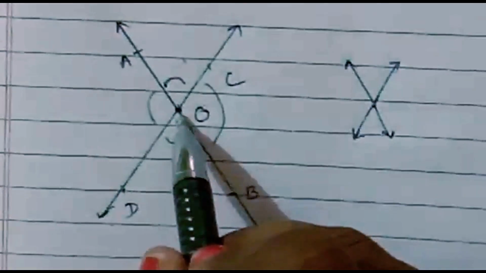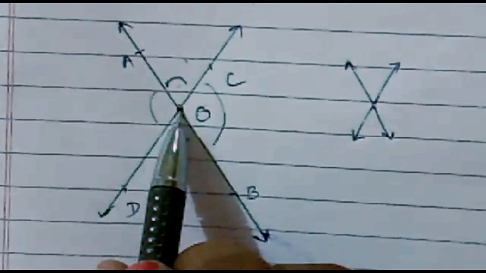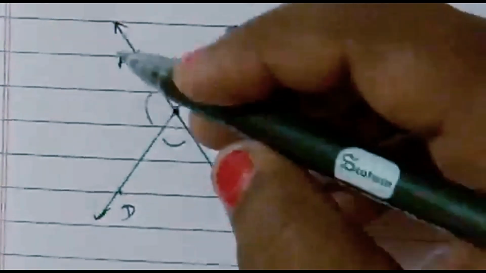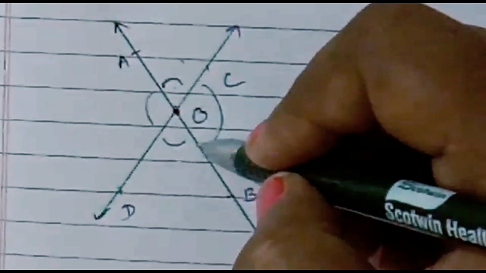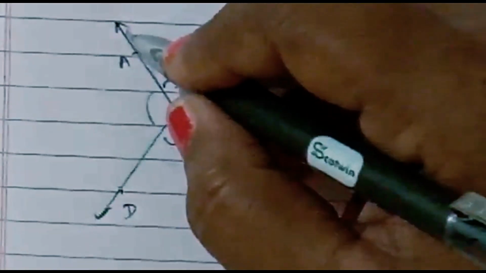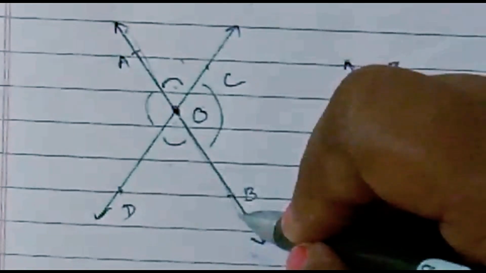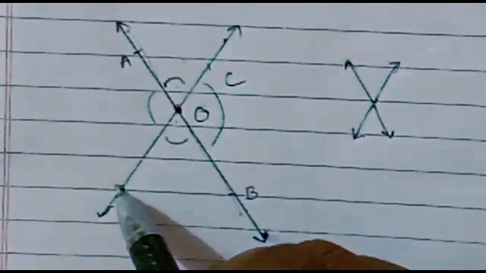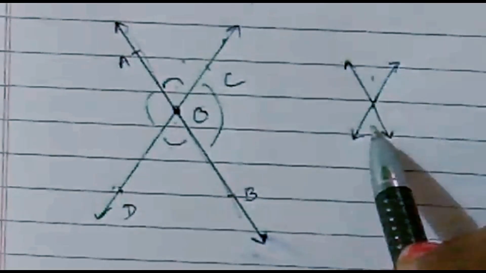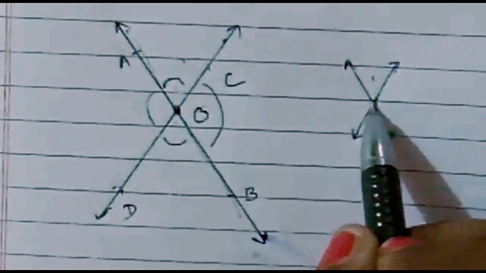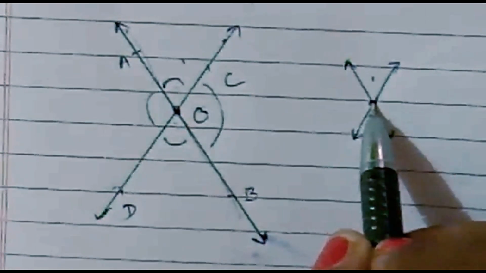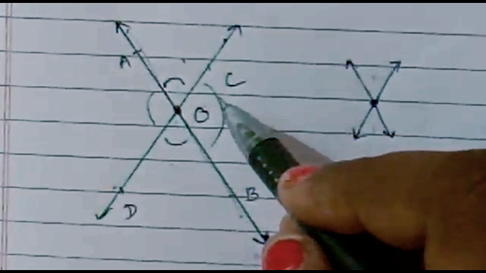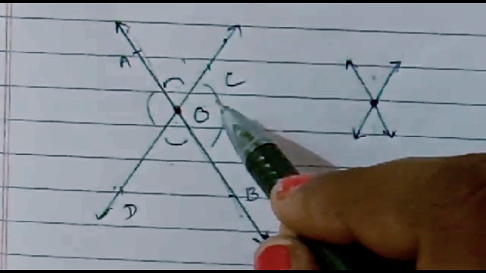They have the common vertex O, and the arms are in exactly opposite directions. For example, ray OA is opposite to ray OB and ray OC is opposite to ray OD. So two angles having a common vertex and both arms in mutually opposite directions are called vertically opposite angles.